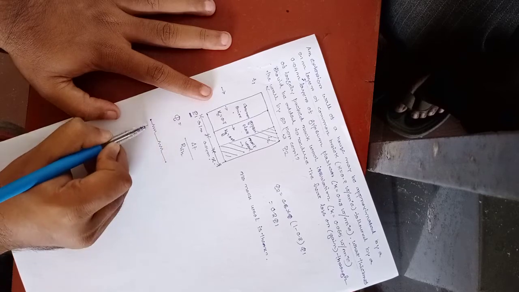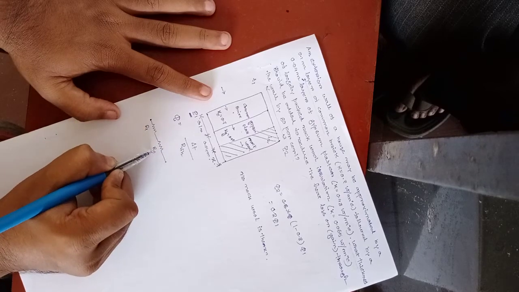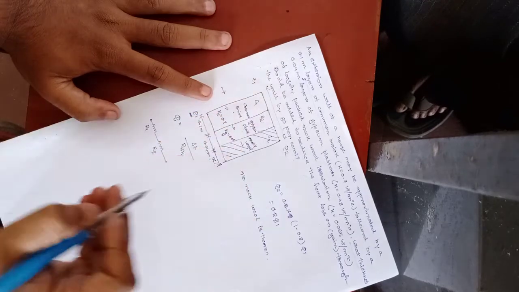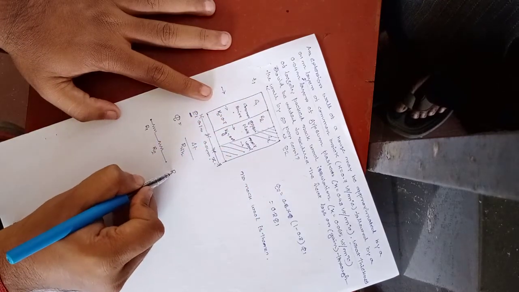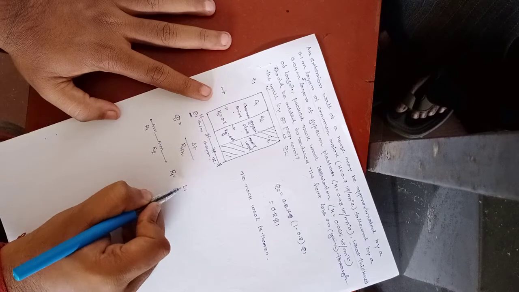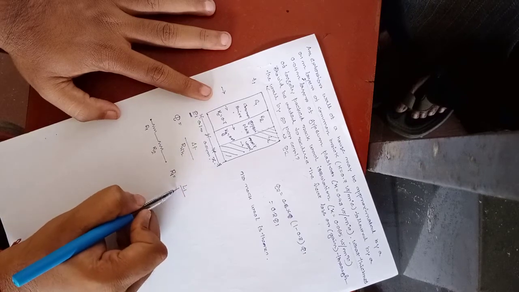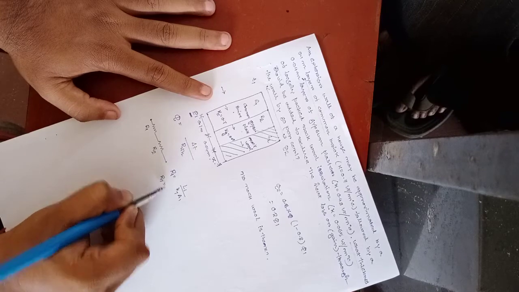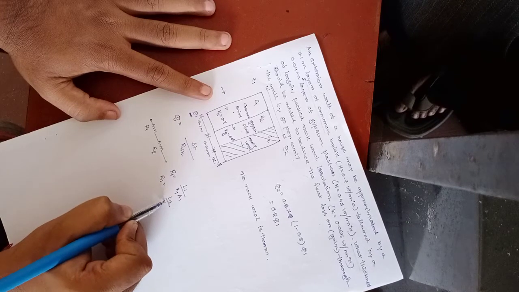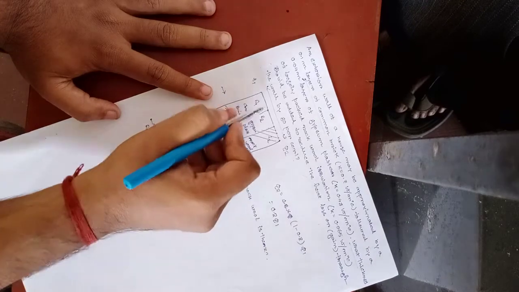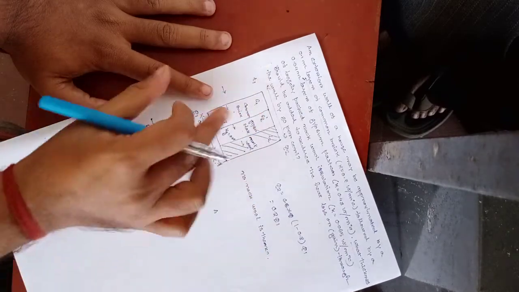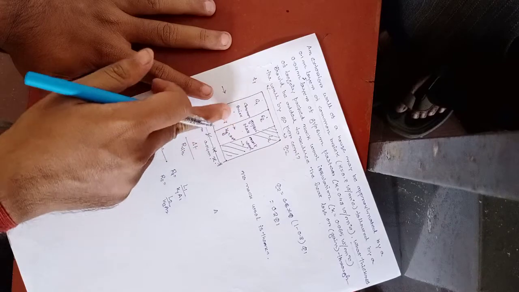the electrical analogy of this, so this one is R1, this one is R2. So the resistance of the common brick wall is R1, and R2 is for the gypsum. So what is R1? R1 is nothing but L1 by K1 A1, and R2 is L2 by K2 A2. Now A1 and A2 are same because the gypsum plaster is just over the common brick.